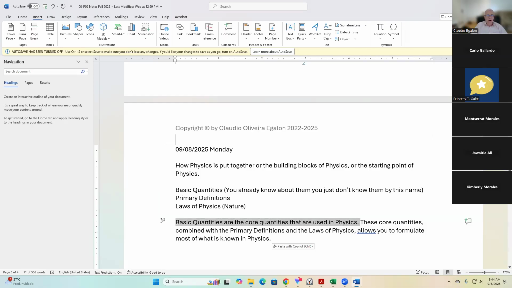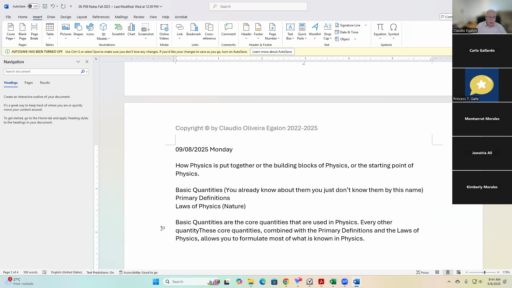Every other quantity and/or definition will be a combination of these basic quantities and also the primary definition.